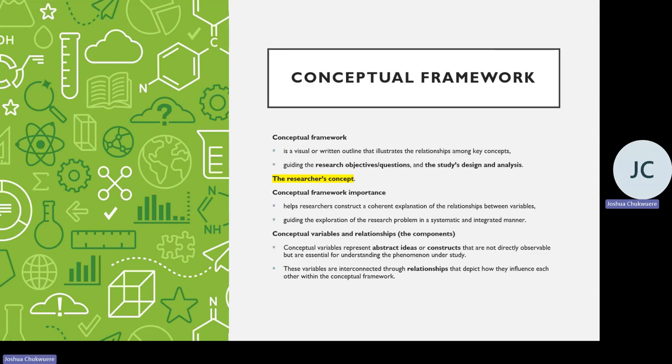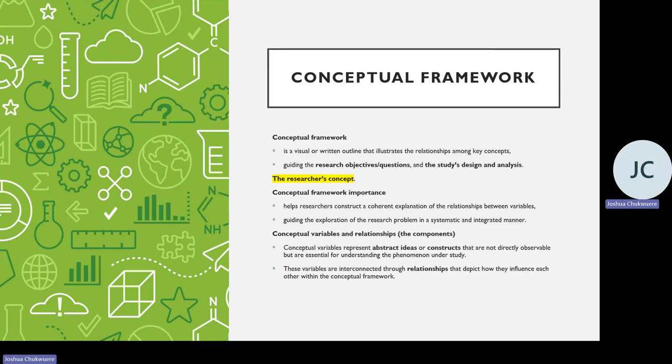And then why do you need it? The importance of it is that it helps the researchers to construct a coherent explanation of the relationship between variables. So it enables you to know, okay, what is the link between variable A and variable B. And remember that whatever you do should be able to be embedded to define your research, informed by your research objective.